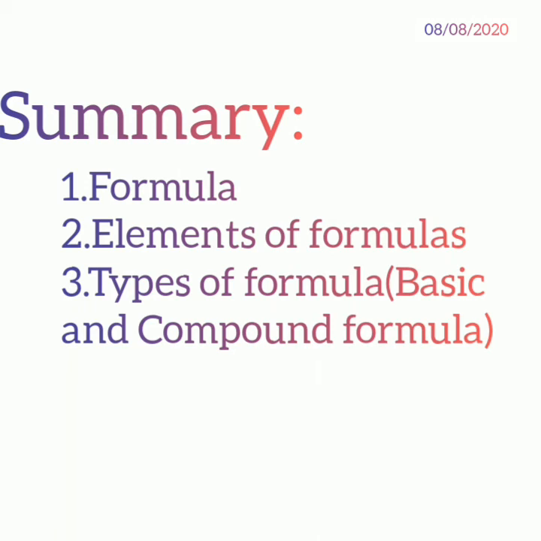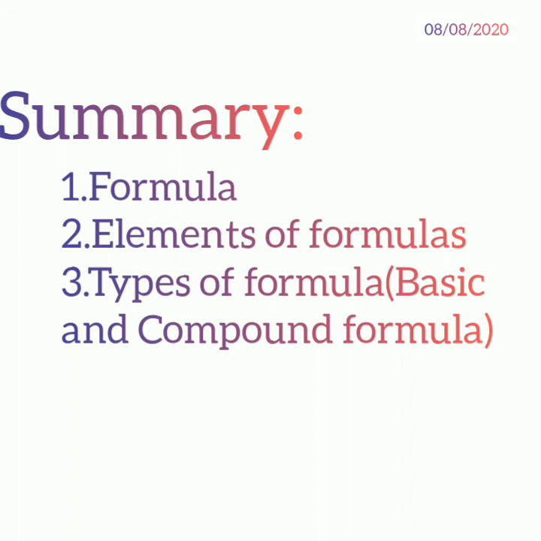Always remember that the formula must begin with the equal to symbol followed by cell references and operators. Then we learned about the elements of a formula. There are 4 different elements: number 1 references, number 2 operators, number 3 constants and number 4 functions.